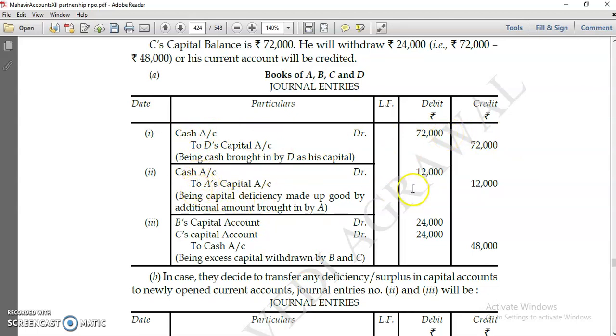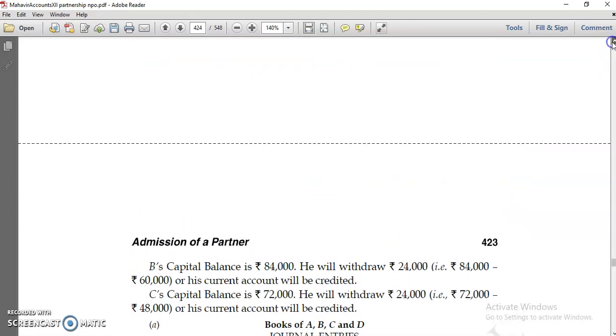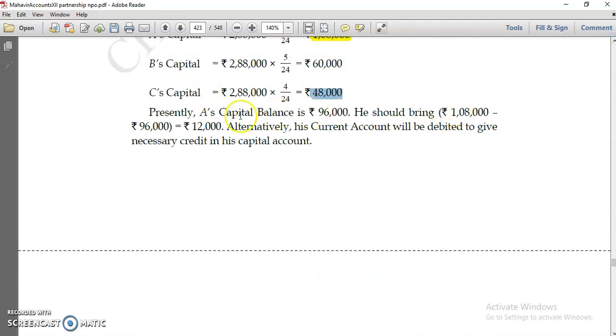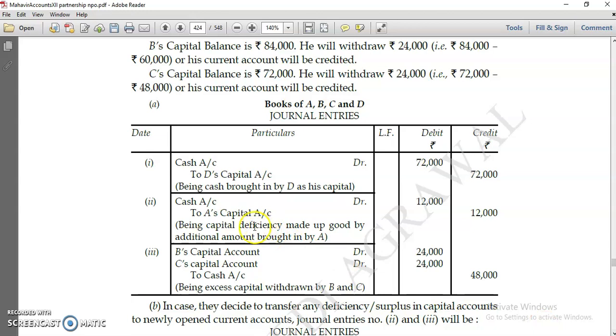And cash to A's capital 12,000 brought in by that partner, meaning this is deficiency. The 12,000 that the partner has to bring, yes, this one, he should bring 12,000 more. So the entry comes cash to A's capital. B and C already have more amount invested in the firm, so they just withdraw their excess cash.